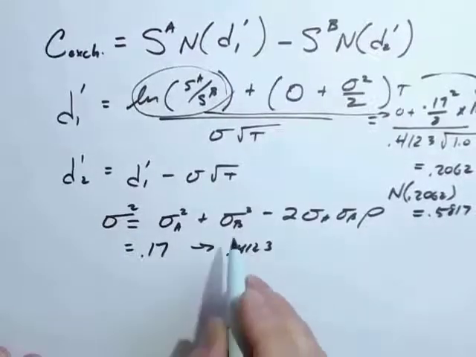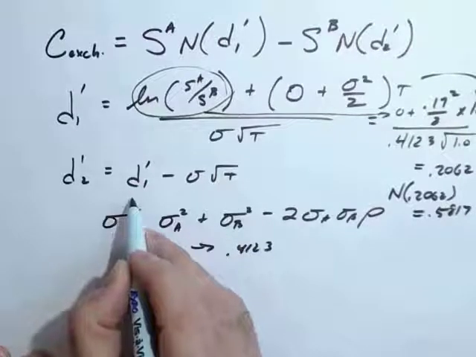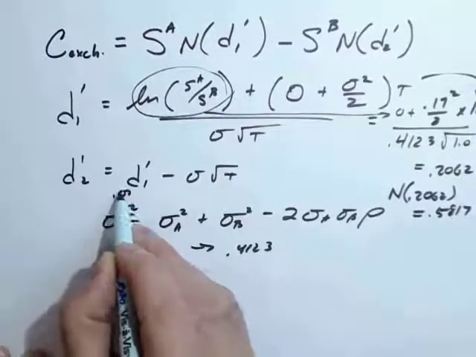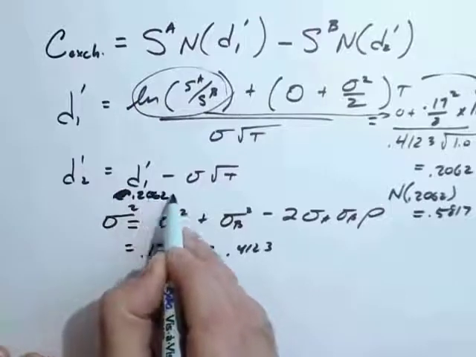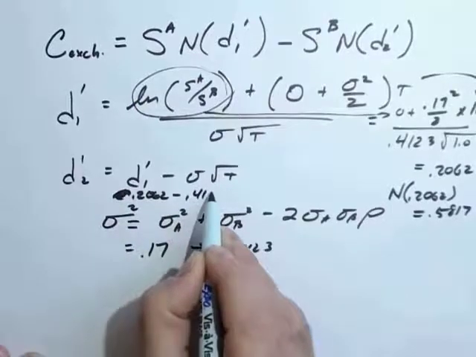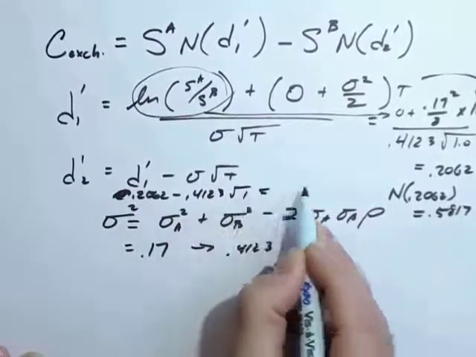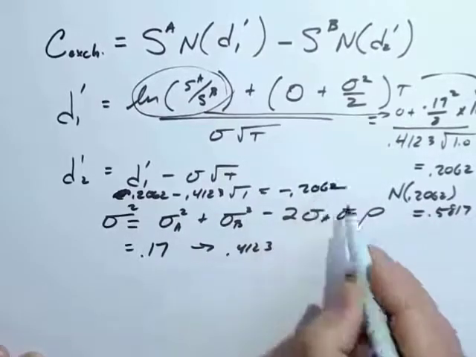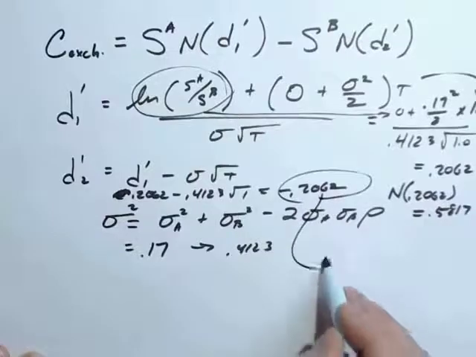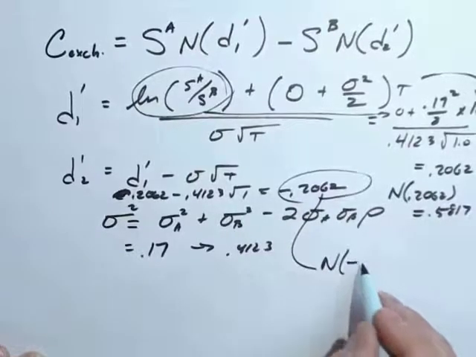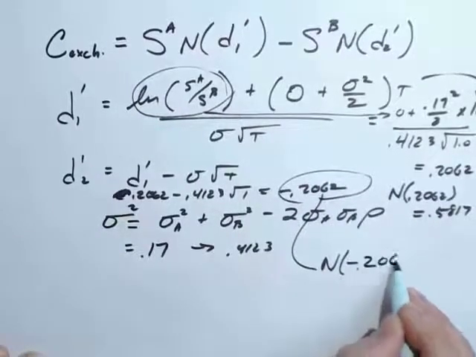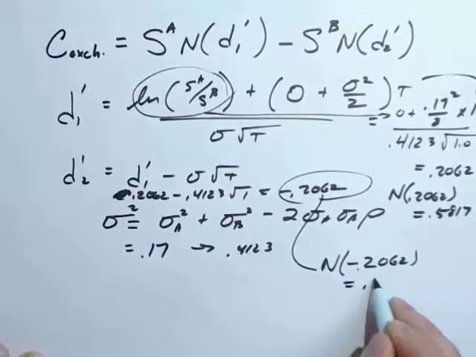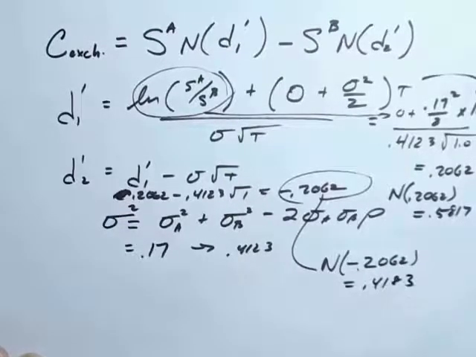D2 prime would be 0.2062 minus 0.4123 square root of 1. That equals minus 0.2062. Okay, and so the cumulative normal density function of that is 0.4183.